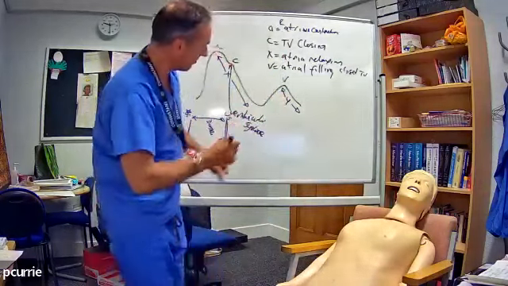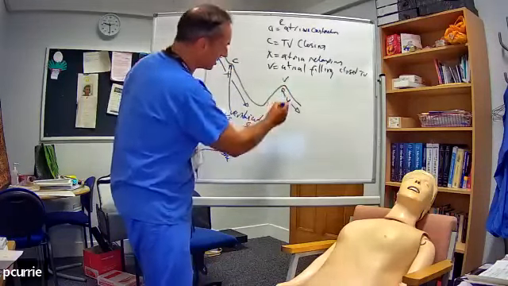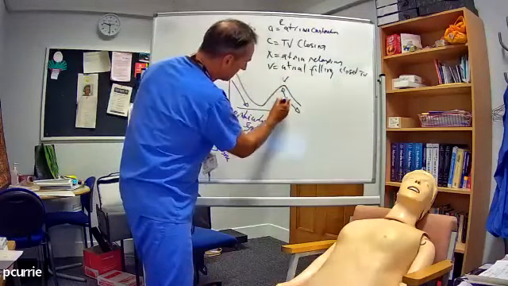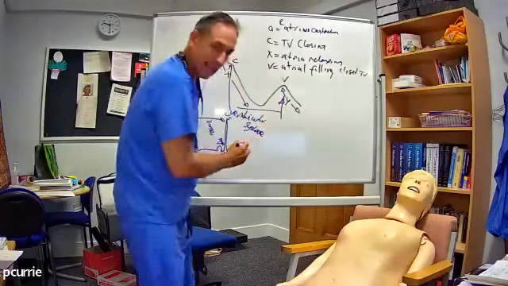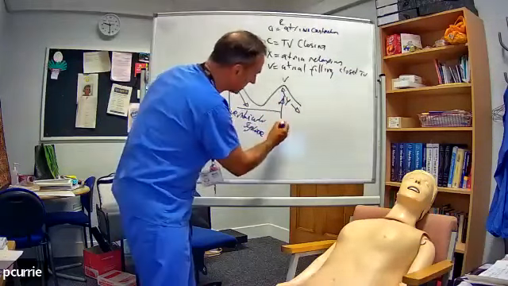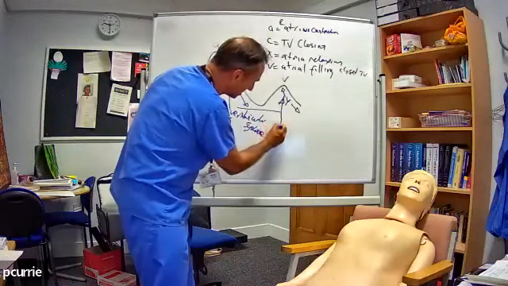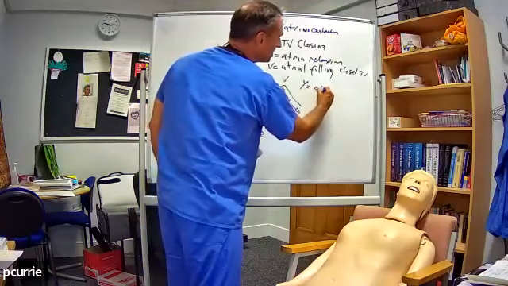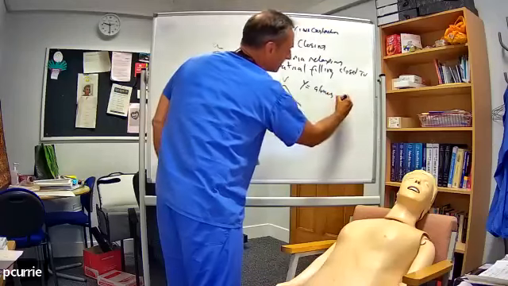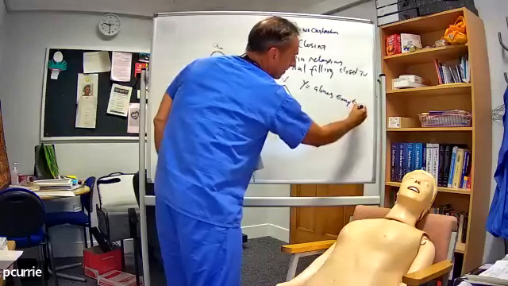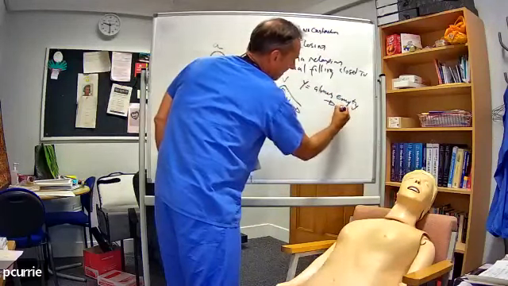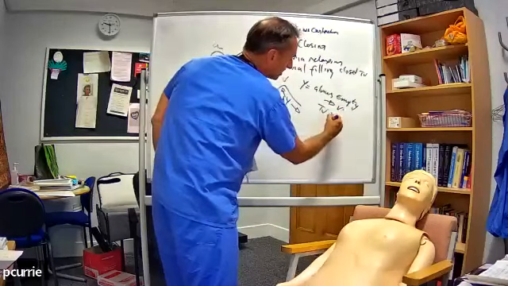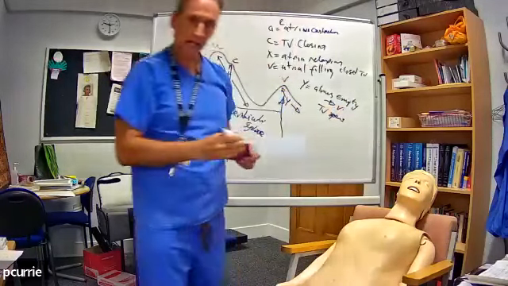So with the V wave, the atria starts to fill up, then the ventricle ends systole and goes into diastole. So we know that ventricular systole ends here, and the Y descent is the atrium emptying into the ventricle as the tricuspid valve opens.